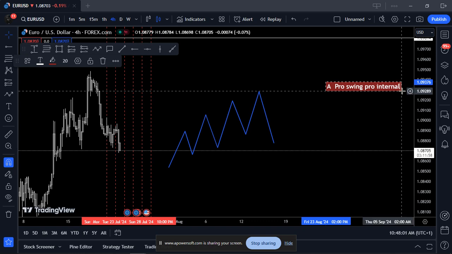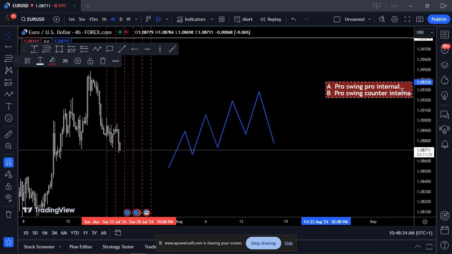Then phase B is pro swing, counter internal. Sorry, just give me time to get this done.